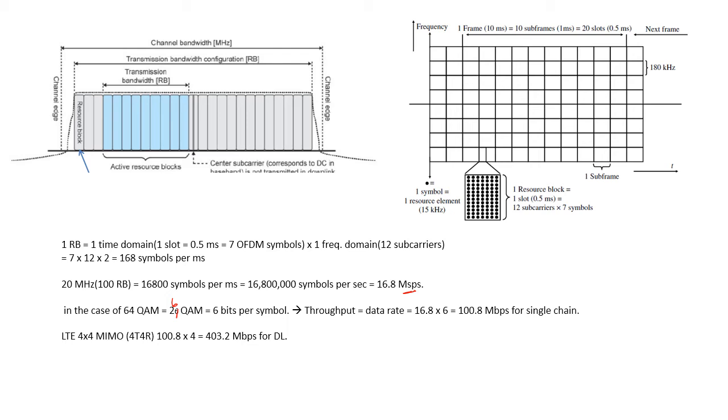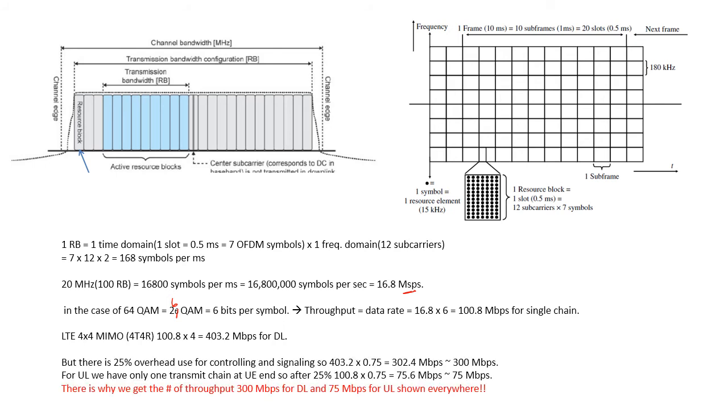In the case where we have MIMO technology, for example 4x4 MIMO, where we have 4 transmission and 4 reception, we take the throughput and times it by 4 to get a total of 403.2 megabits per second. And this is for the case of downlink.